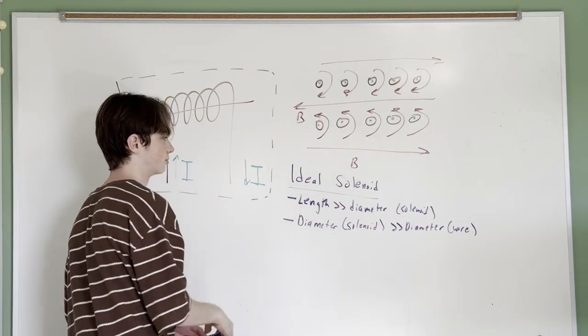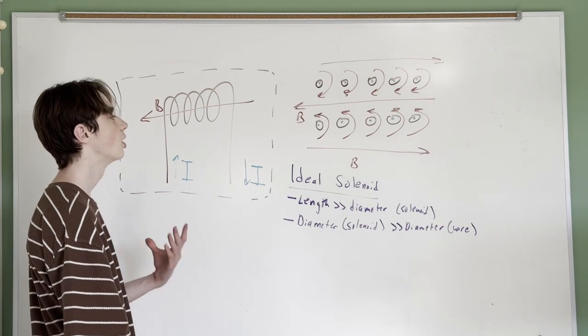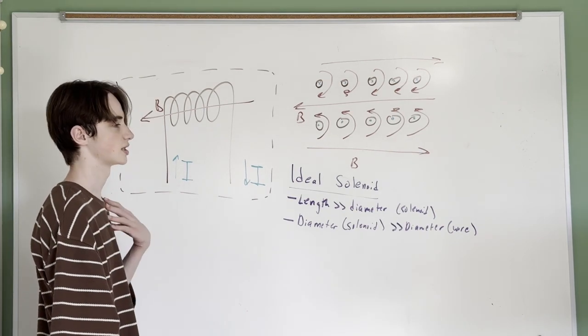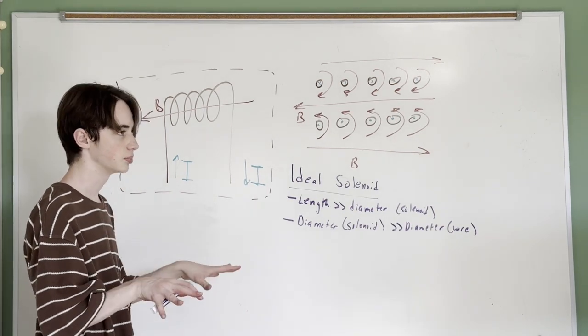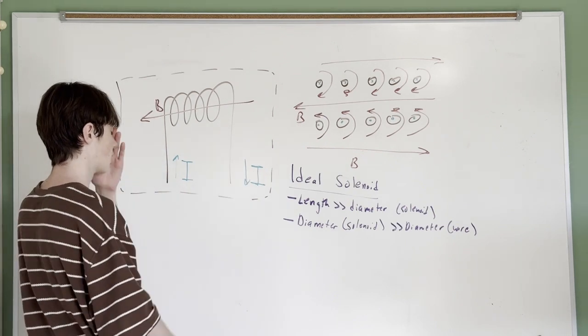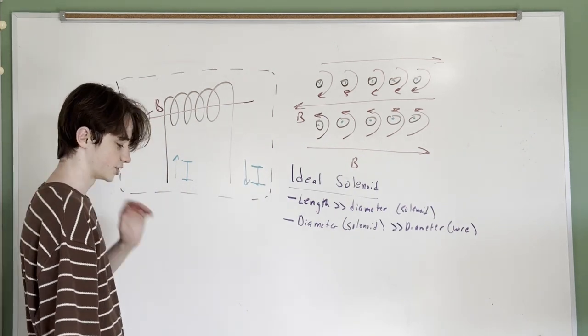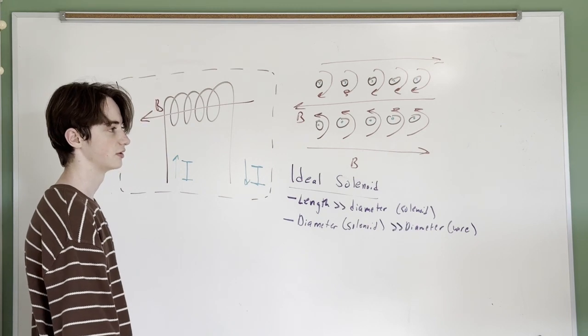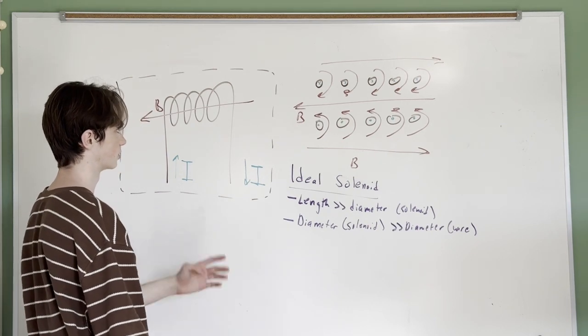So these are the constraints for an ideal solenoid. Obviously, they're not ideal, but just as a capacitor has to have very big plates, a solenoid has to be very long for us to leverage the full approximative ability of the equations that we derive from it.